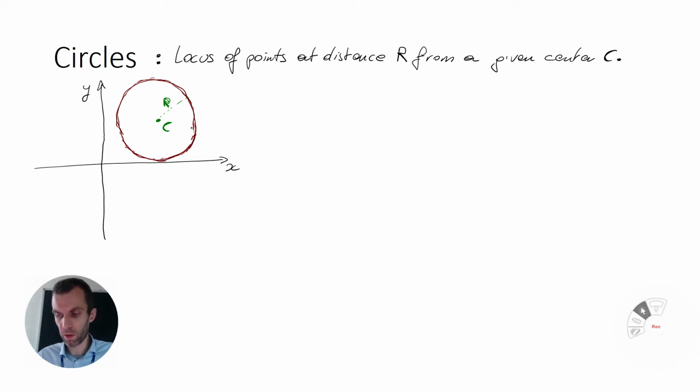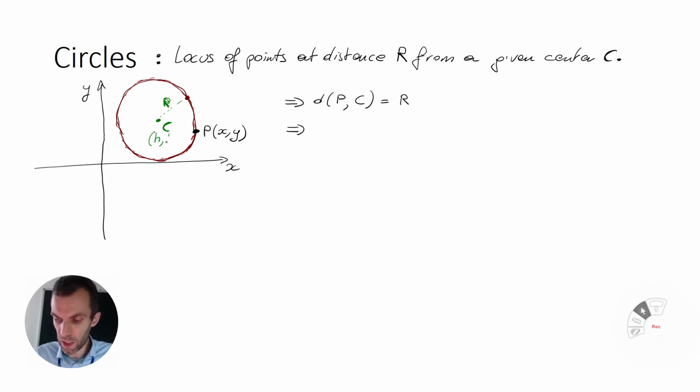Okay, that's nice enough. So let's calculate what a circle looks like. Let's take a point P on the circle and give it coordinates X and Y. What we know is that the distance from that arbitrary point P to the center has to be equal to R. Before I write this out, I should give the center some coordinates.